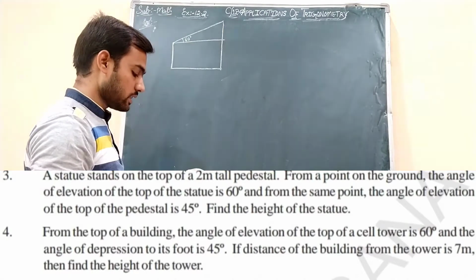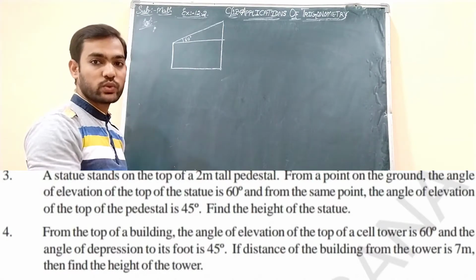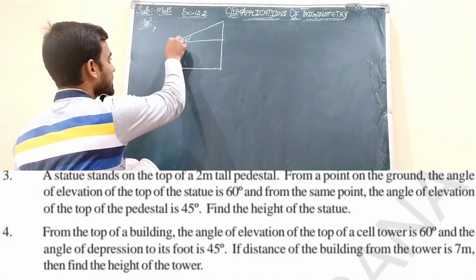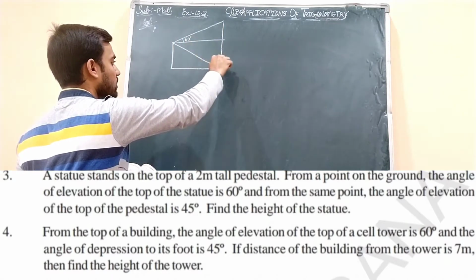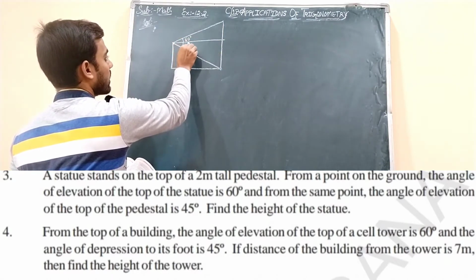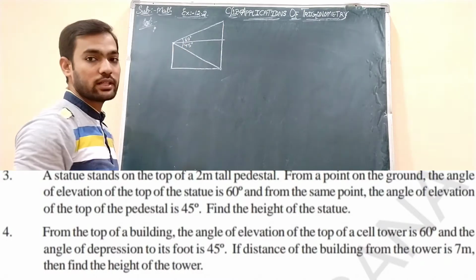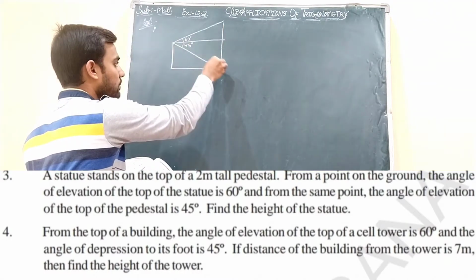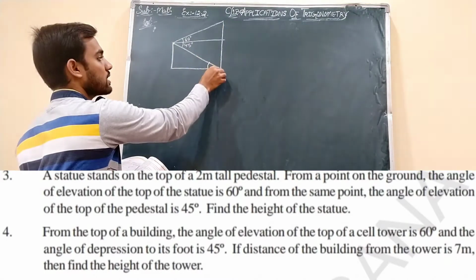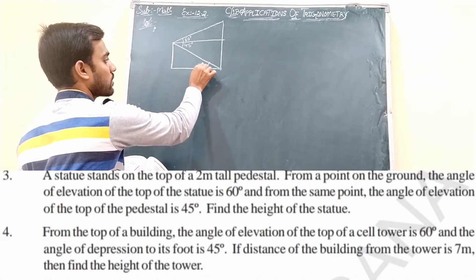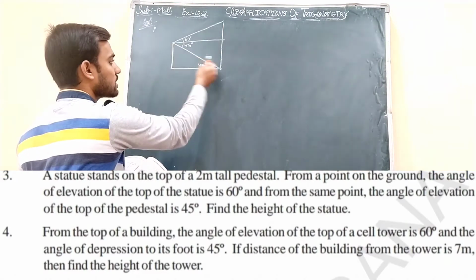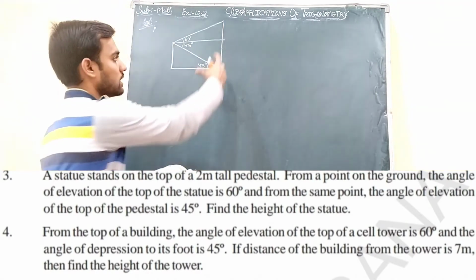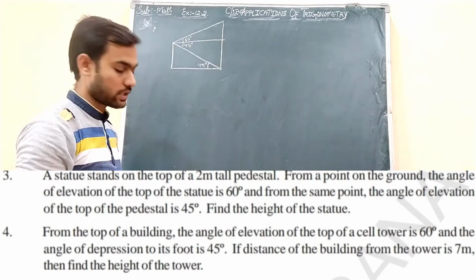Okay, and the angle of depression to its foot is 45 degree. So from the same point, when you take the angle of depression over here, it is 45 degree. And already we have learned in our earlier classes that the angle of depression will be same as angle of elevation from this point. So let us take this is also 45 degree, because here this triangle we will consider. Okay, this reverse triangle we will not consider, right?